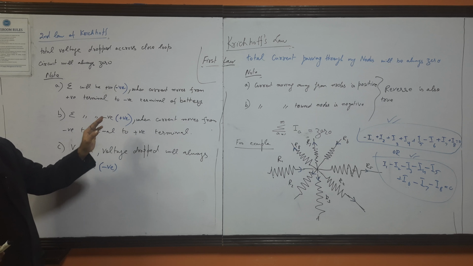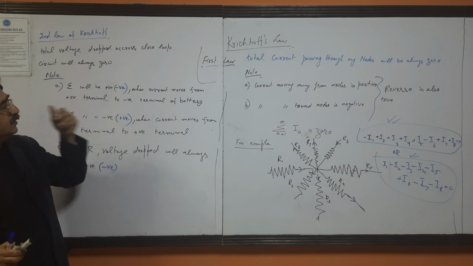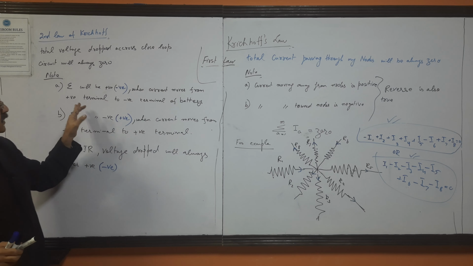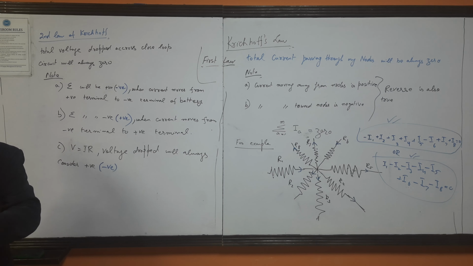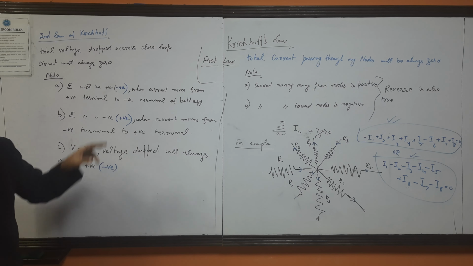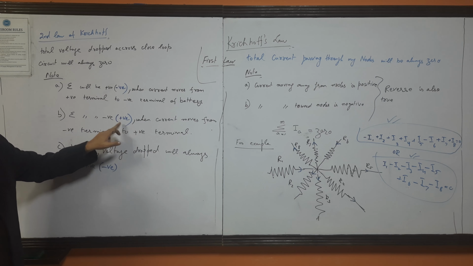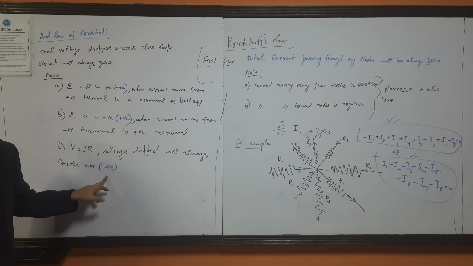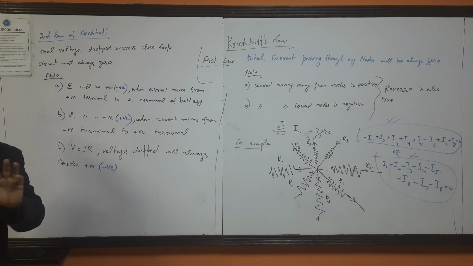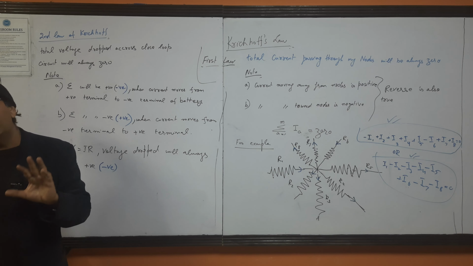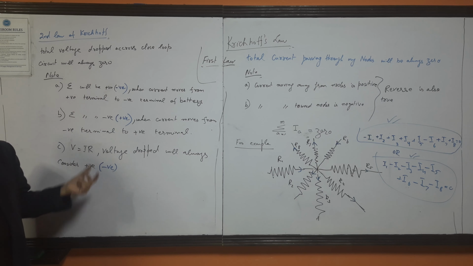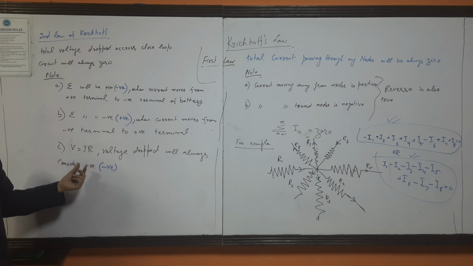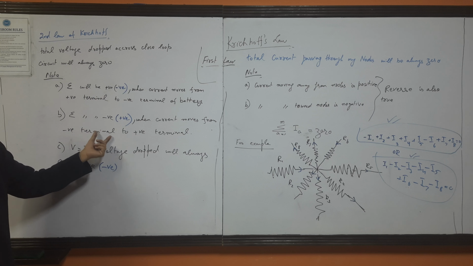If you consider the voltage from positive to negative as negative, because the voltage is dropping when current moves, then this will be positive, and the voltage drop across the battery will always be negative. It's up to you what you prefer. I think this is easier, because you are considering it always positive. Then this will be negative and this will be positive.